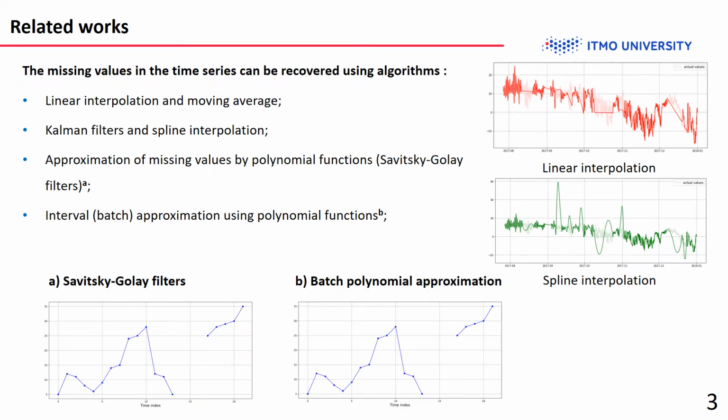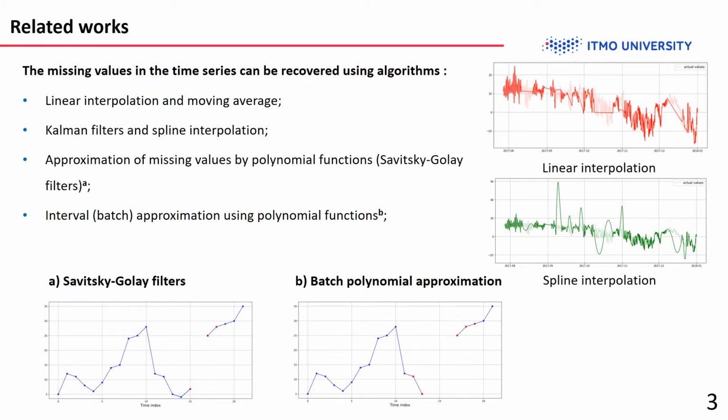There are quite a lot of methods which allow us to restore values in time series which have gaps. We can start with such simple methods as linear interpolation and moving average, and go to Kalman filters and spline interpolation as more advanced. We can also use Fourier transform and different frequency analysis methods.